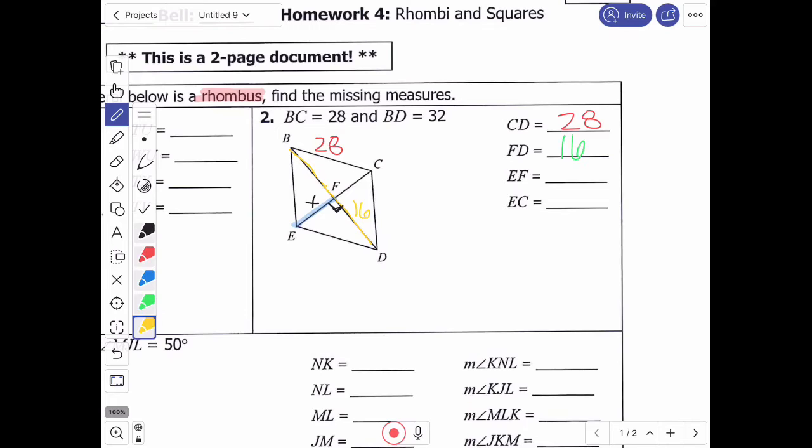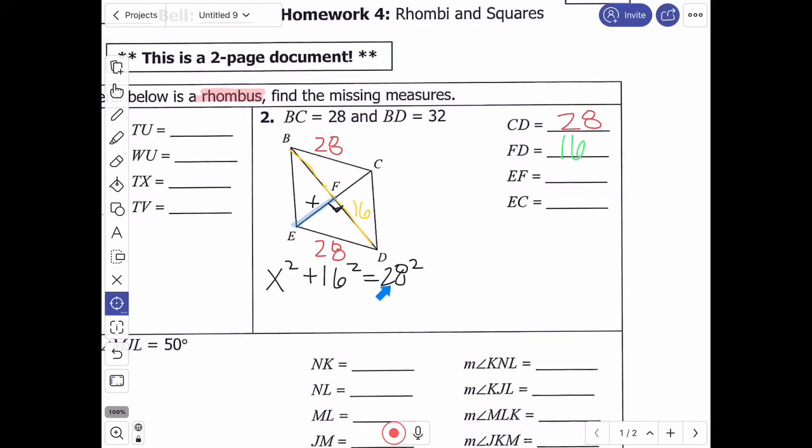And then ED is one of those outside perimeter sides of this rhombus, so it's 28. So now I have two knowns and 1 unknown for this right triangle. So I'm going to take x squared plus 16 squared and set it equal to 28 squared. And the 28 is my hypotenuse because it's opposite from that right angle. It's the only side not touching that right angle. So that's why I put it in that C spot.